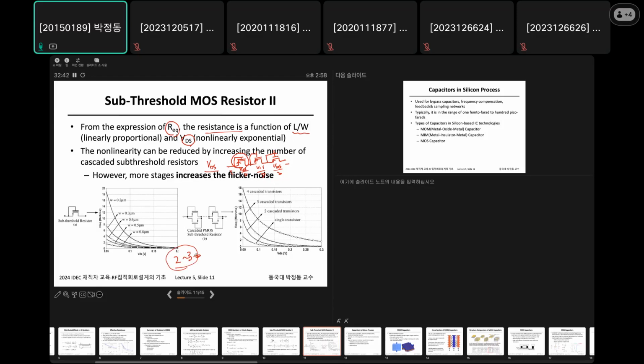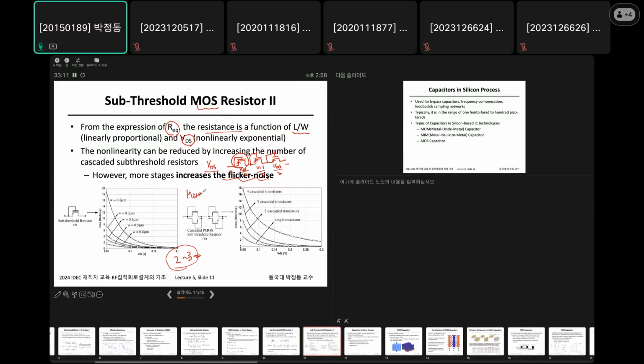Actually this MOS resistor induces a large amount of flicker noise. So don't try to use a MOS resistor at the input, like for biasing a gate. No, you should not, because it will induce lots of flicker noise, especially for the mixer.